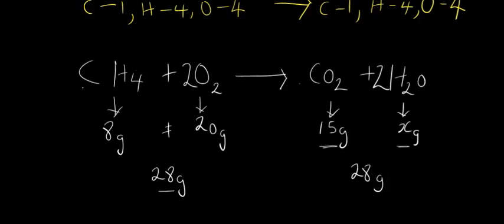How many grams of water was produced? What do we do? 28 minus 15. That will give us 13 grams. 13 grams of water was produced. If you sum up 13 plus 15, it will give us 28. So, it shows that it is balanced.